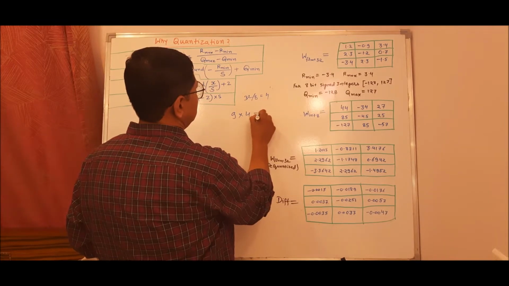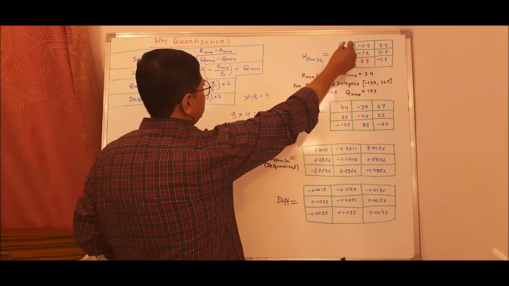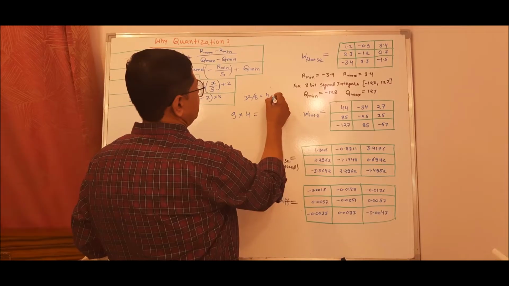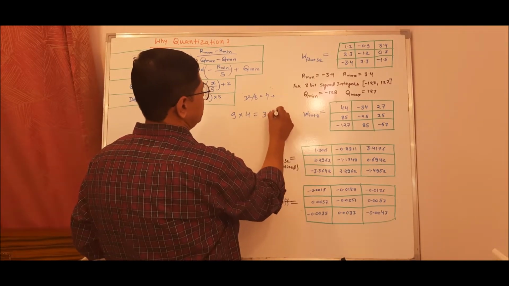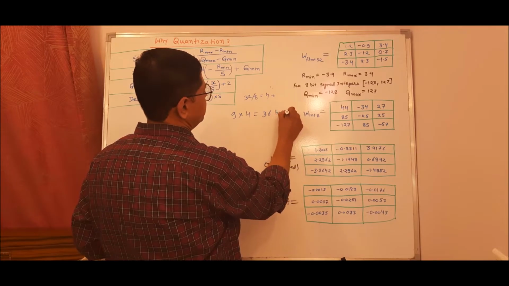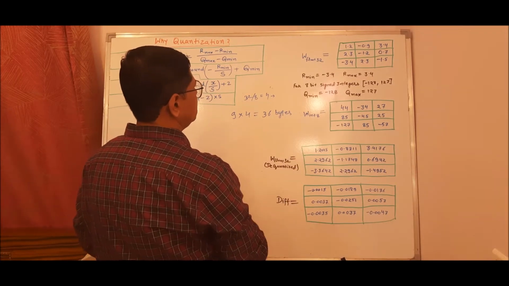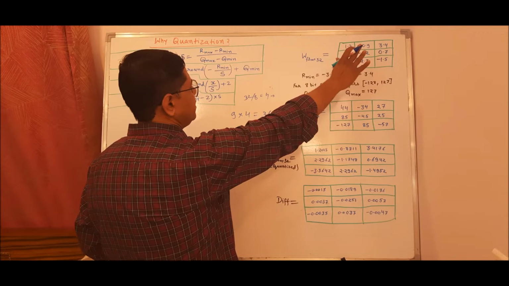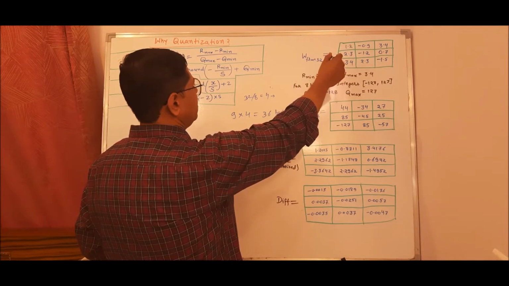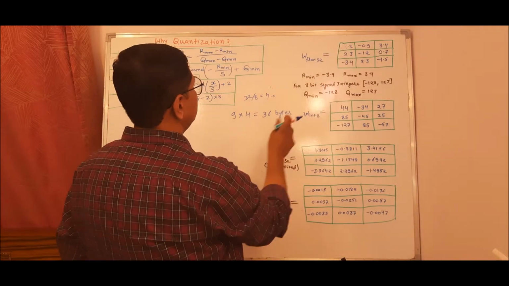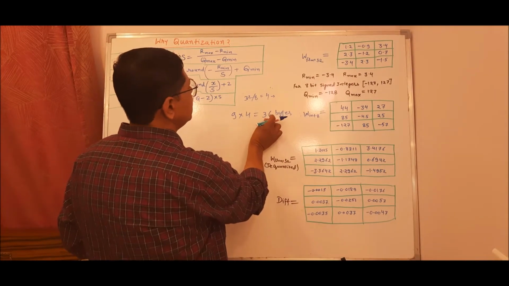We have 3 rows and 3 columns, so a total of 9 elements, and each element is taking 4 bytes. So the total 9 elements will take 36 bytes of memory. In this case, this small 3 by 3 matrix which uses 32 bit floating point numbers, or 4 byte floating point numbers, consumes 36 bytes.